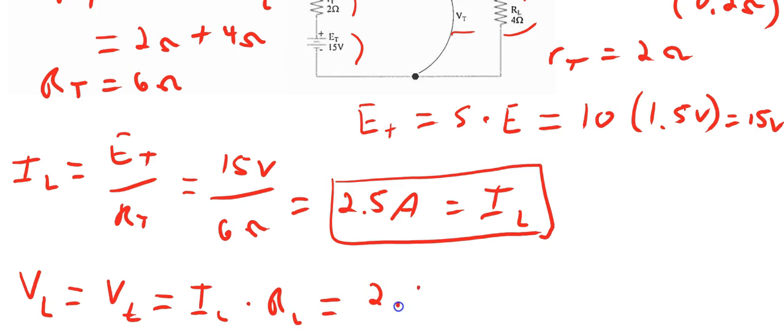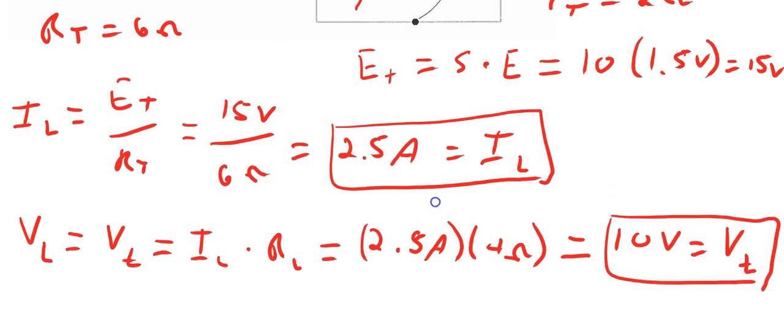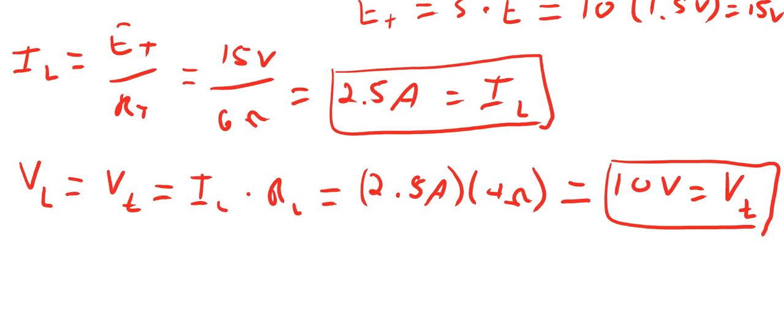We have then 2.5 amps multiplied by the load resistance of 4 ohms, and that gives us 10 volts for VT.